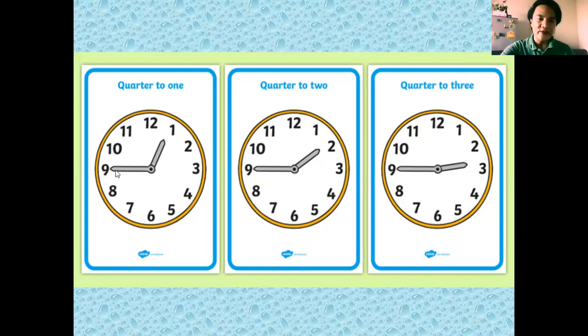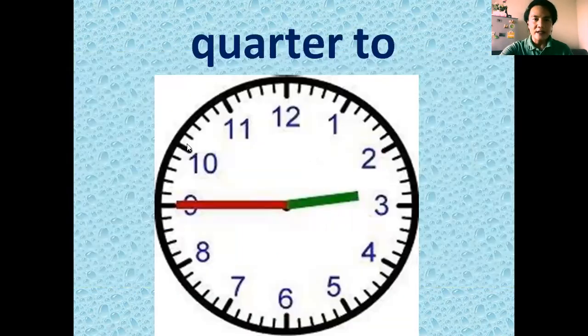You read first the long hand and then the number. Quarter to 1. Now another example. In this clock, what time is it? Your answer will be, it's quarter to 3.